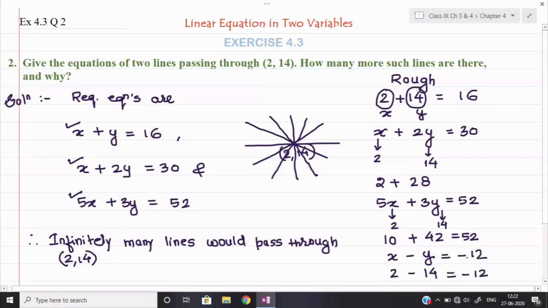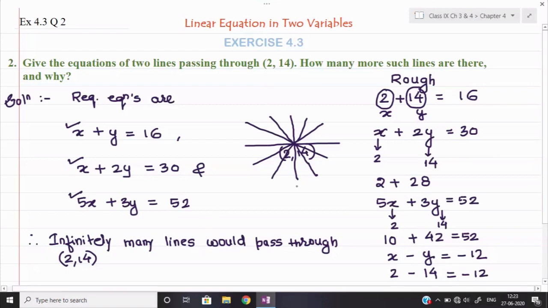I had taken x plus y earlier, now you take x minus y. That doesn't matter, only the right hand side should come properly. So you see there are many equations you can make over here, and we can say that infinitely many equations could be possible algebraically passing through 2 comma 14. Not only 2 comma 14, it can pass through any particular point.